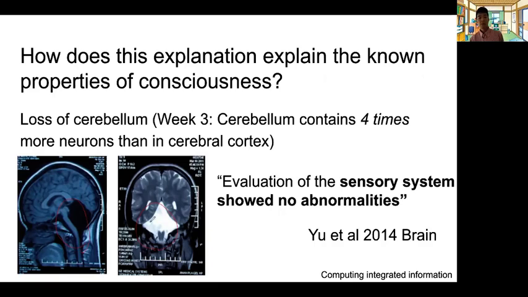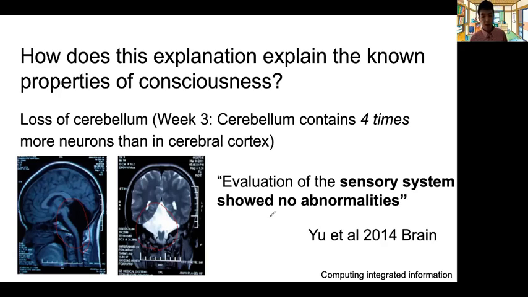This person had some difficulty in the beginning of life in terms of movement and language, but by the time she became an adult, she was very intelligent and there was no problem. A clinical evaluation of this person ended with the statement that evaluation of the sensory system showed no abnormalities. She was hospitalized for completely different reasons other than consciousness, and there it was discovered that the cerebellum was missing.